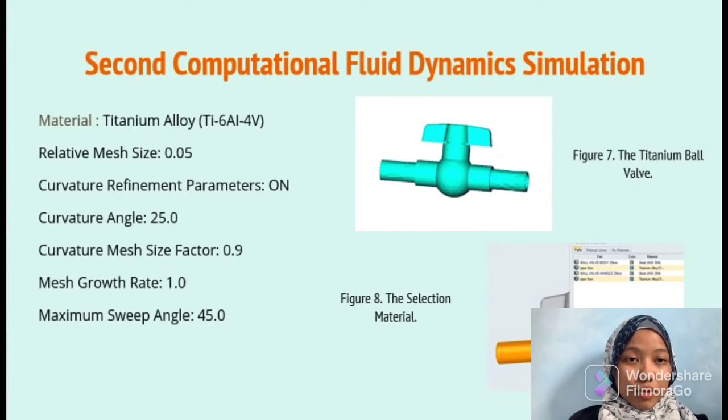For the parameters, we have set the relative mesh size as 0.05, the curvature refinement parameters on, the curvature angle to 25.0, the curvature mesh size factor to 0.9, the mesh growth rate to 1.0, and the maximum sweep angle to 45.0 degree.